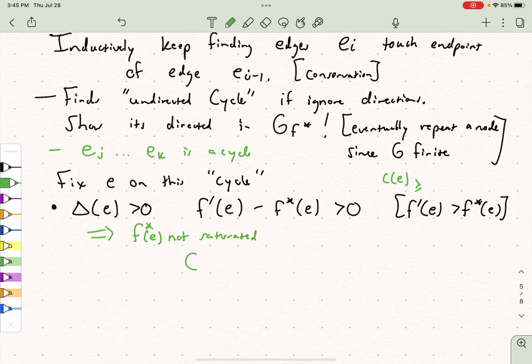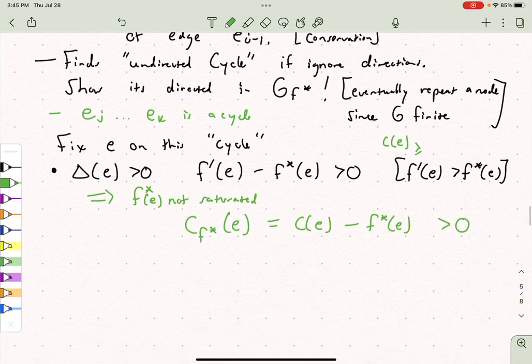And so in the residual graph of f star, its capacity will be that difference. It's the capacity of E minus f star of E, which is positive. So whenever delta of E is positive, we have this next edge on the cycle will be positive capacity. And that also means it's going in the right direction.